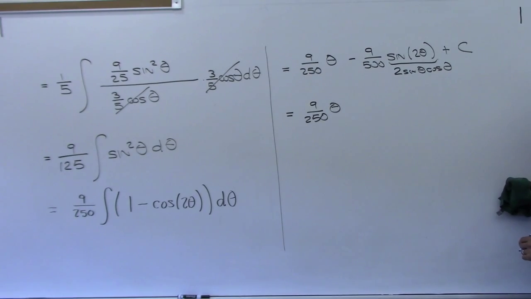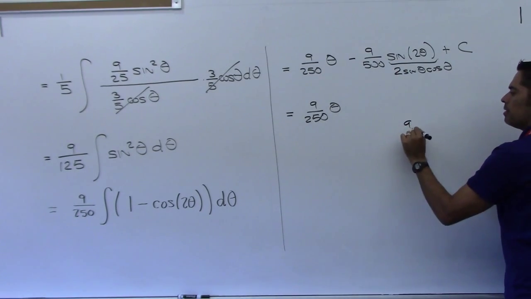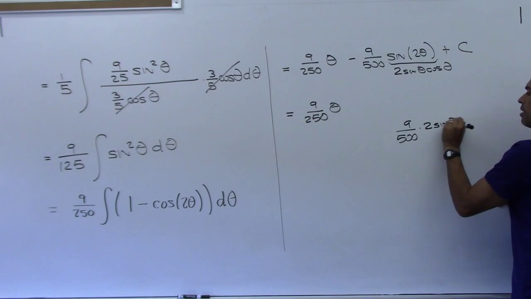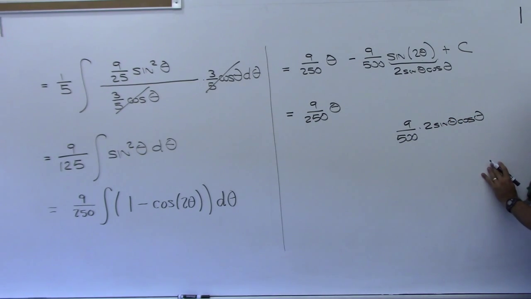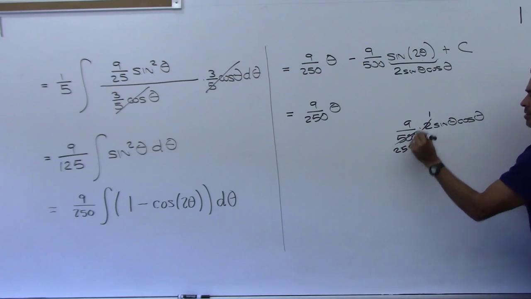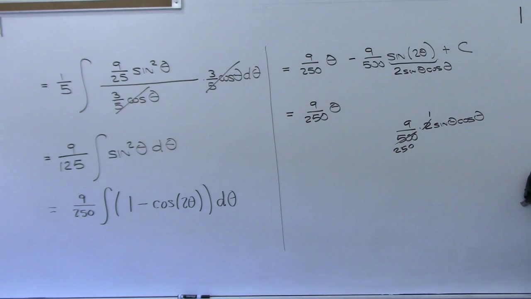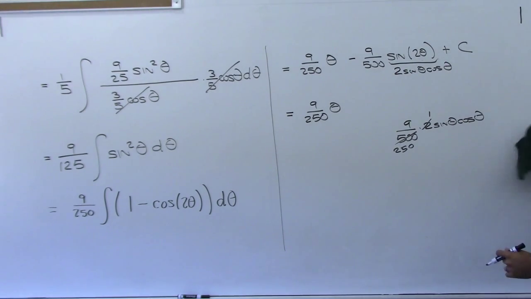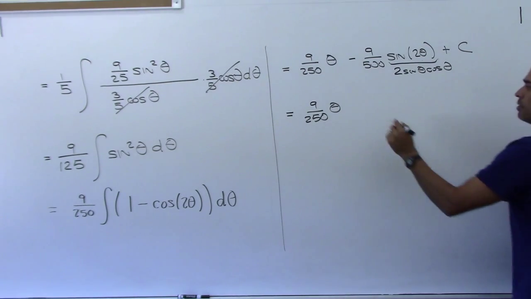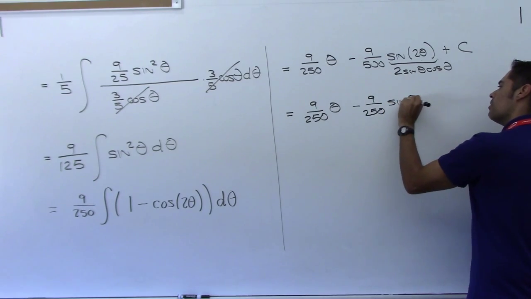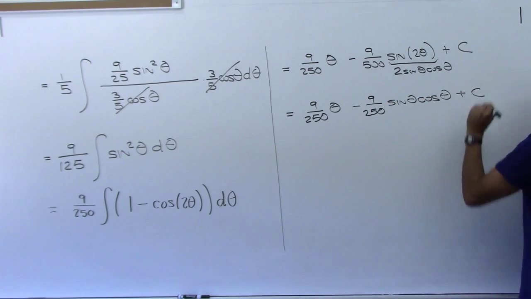I'm saying this sine 2 theta is 2 sine theta cosine theta. The 2 is on top, right? And then 2 goes into 250 times. So it's 9/250. I just wrote it down here to show you what this is, but really the 2 is on top. So because of that, my next one is minus 9/250 sine theta cosine theta plus c.